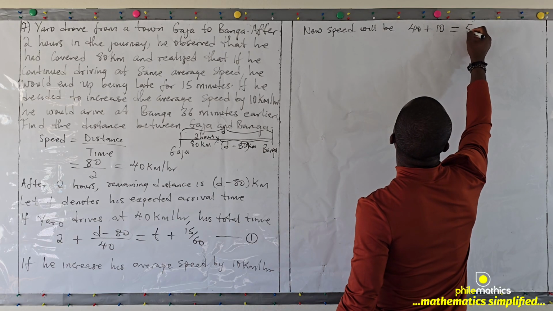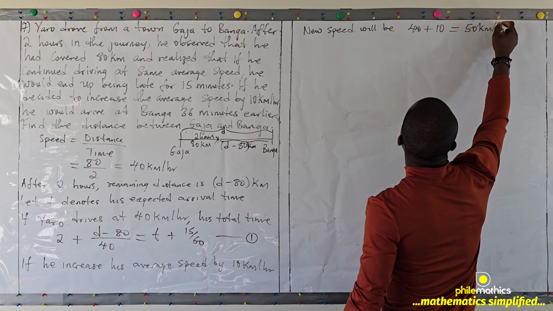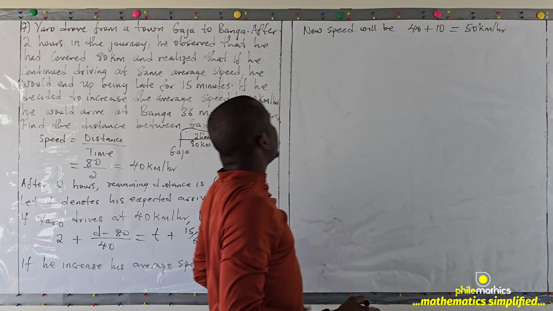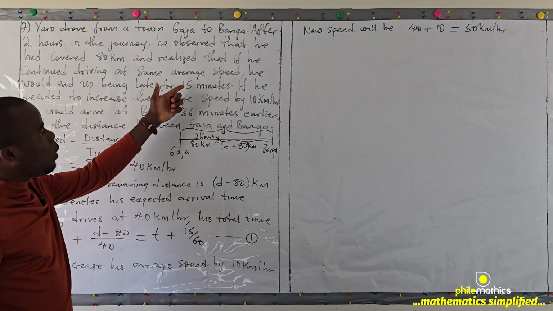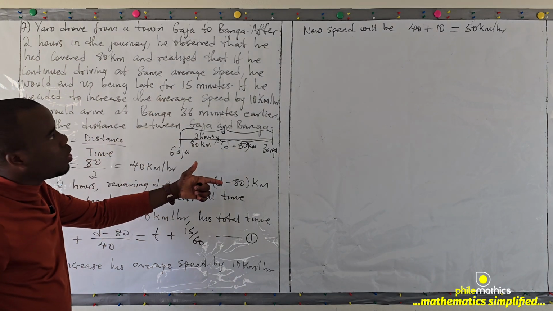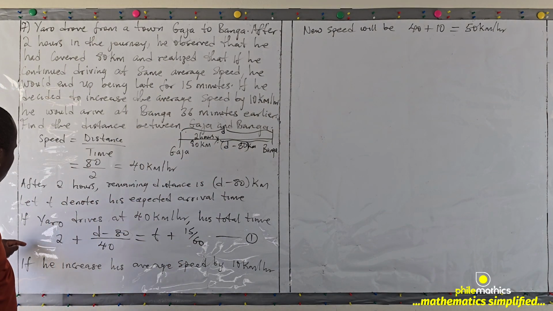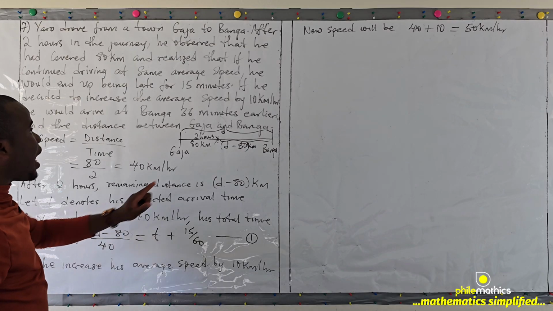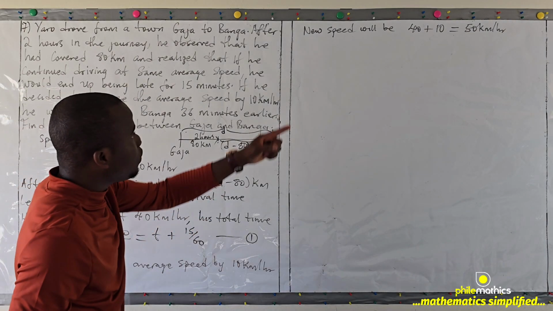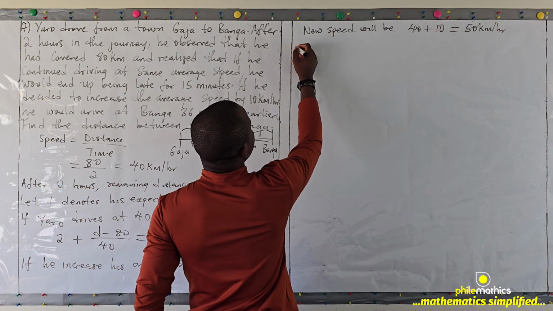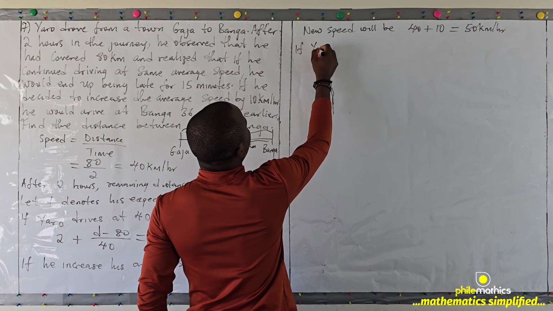This gives us 50 kilometers per hour. Now again, since we are given time here, we are going to use this time to calculate the distance. So we look for the time he will arrive if he drives at 50 kilometers per hour.